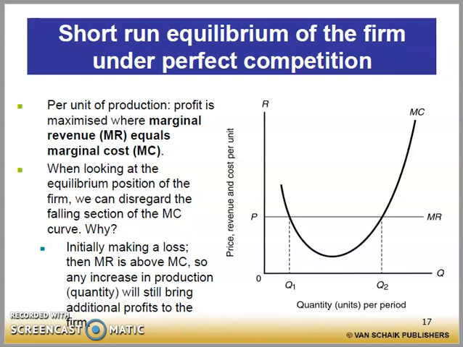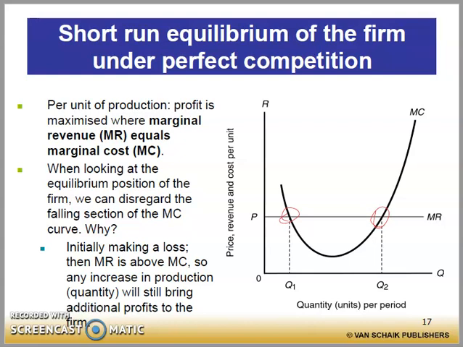So profit is maximized where marginal cost is equal to marginal revenue, or where marginal revenue is equal to marginal cost. While we can see that marginal revenue is equal to marginal cost at 2 points, that's Q1 as well as Q2, we have to disregard or ignore the point of Q1.